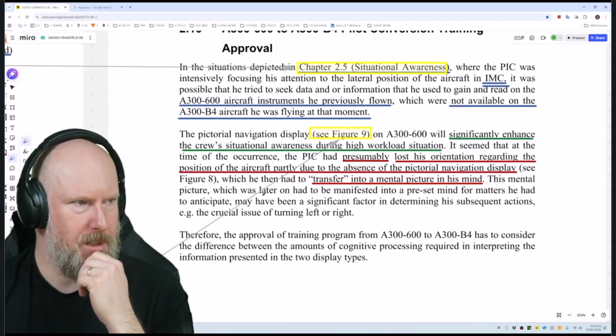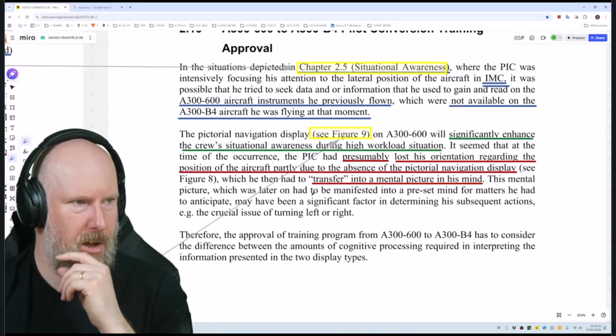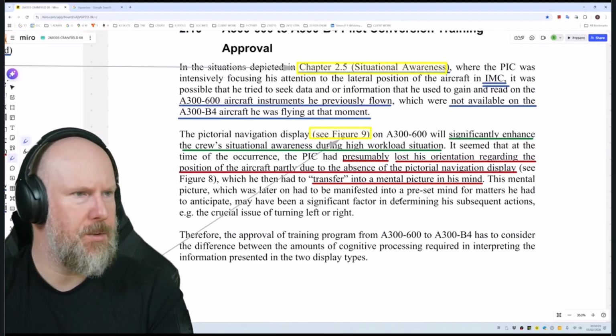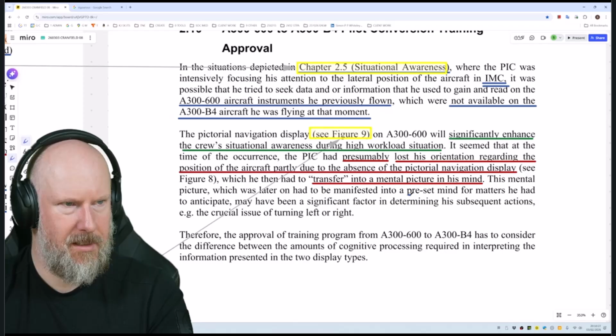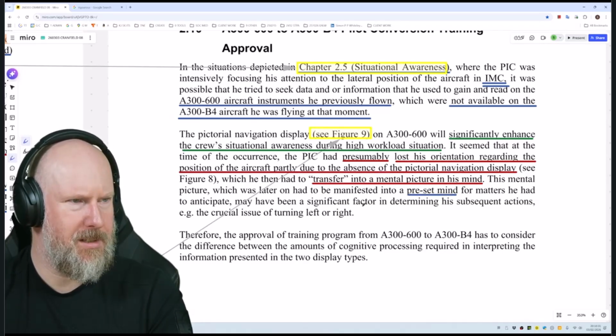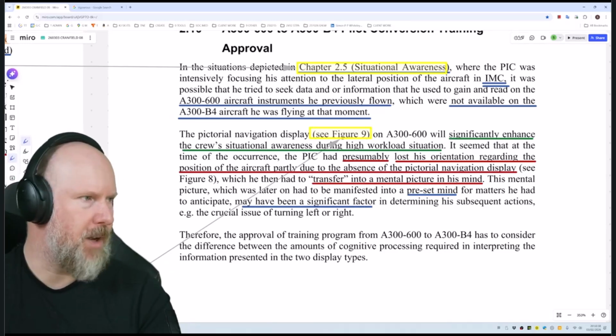This mental picture, which he had to anticipate, may have been a significant factor in determining his subsequent actions, i.e. the crucial issue of turning left or right.